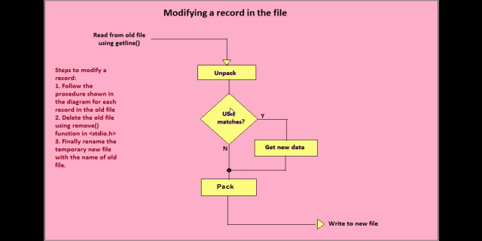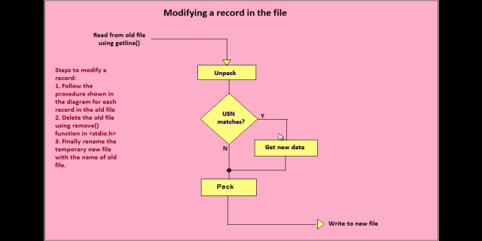Otherwise, if the USN does not match, then directly pack it. In that case, we are just unpacking and then packing it. That means we are writing the same record to the new file. The new file is a temporary file. To sum up, if the USN does not match, we are writing the record as it is to the new file.